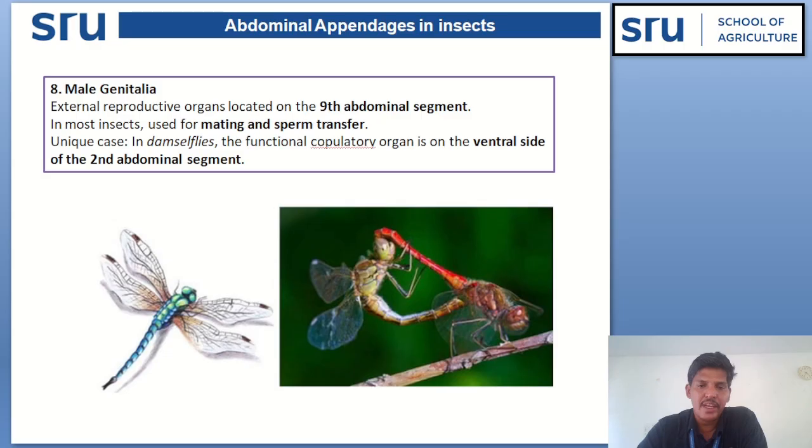In damselfly and dragonfly, the functional copulatory organ is there on the ventral side of the second abdominal segment. In almost all insects, that is there on the 9th abdominal segment, but in case of damselfly and dragonfly, it is there on the ventral side of the second abdominal segment.